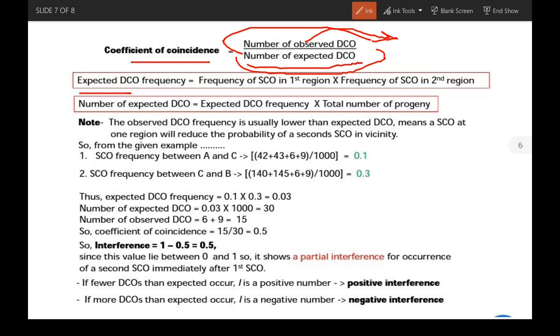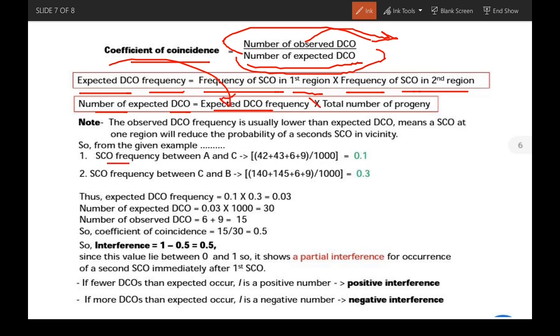Expected double crossover frequency is equal to the frequency of single crossover in the first region into the frequency of single crossover in the second region, and the number of expected double crossovers is equal to the expected DCO frequency into the total number of progeny.